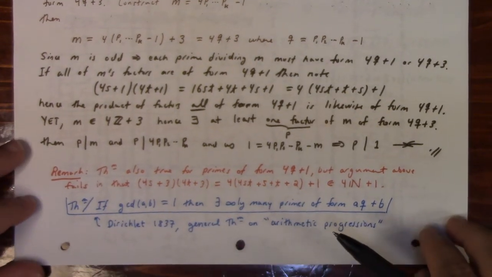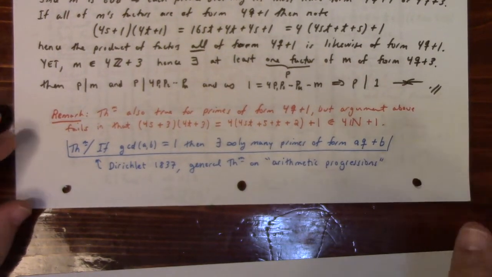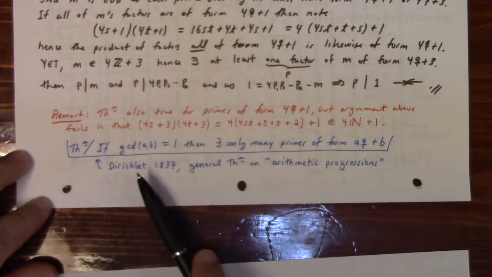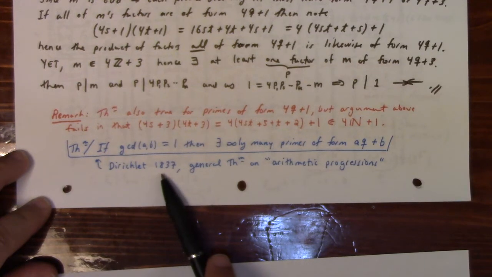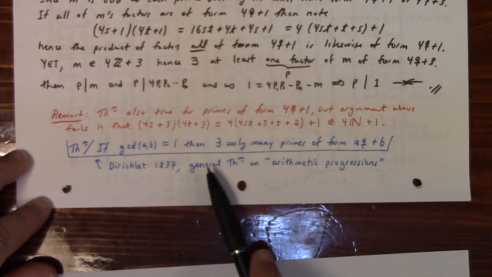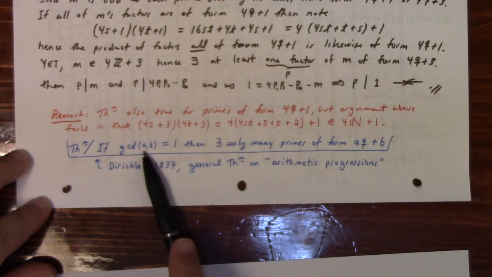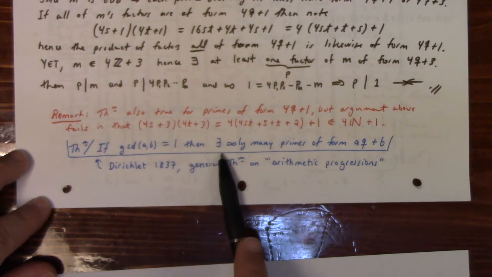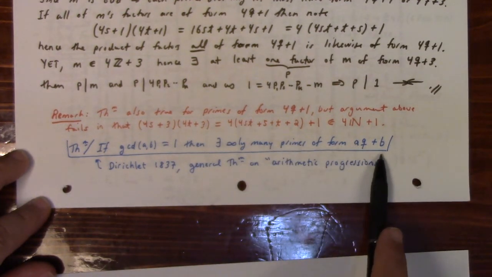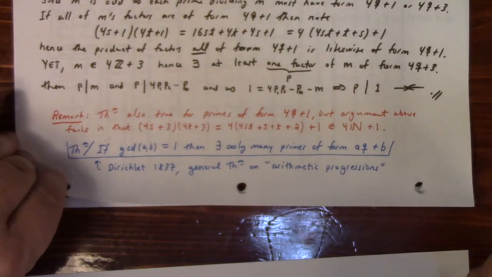And the secret sauce, whatever it was that it took to solve that something else, was learned by Dirichlet. In 1837, he proved a sort of grandiose mega version of this theorem, which is that if you have coprime integers a and b, that is the GCD is 1, then there exist infinitely many primes of the form aq plus b. So this is his big theorem on arithmetic progressions.